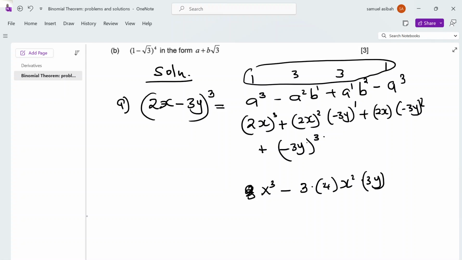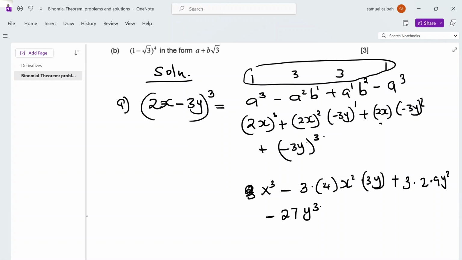So what did we have? We have the first one, we said we have negative, yes, that is fine. So then we have plus, the coefficient is 3, then we have 2 times 2, this 2 here, then times 3 squared, which is 9, then y squared. Then finally we have minus, because it will be 27, then y cubed, like that.